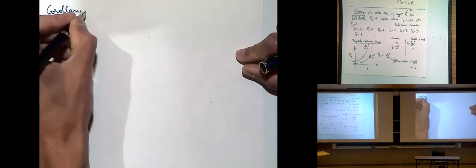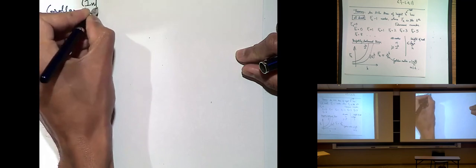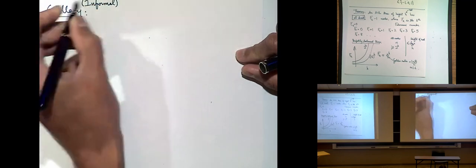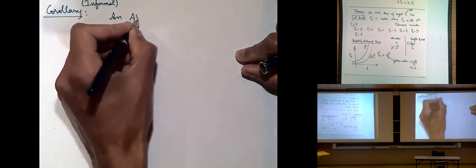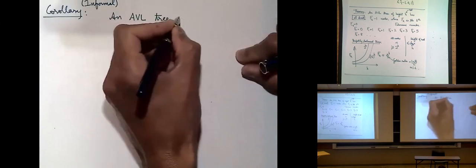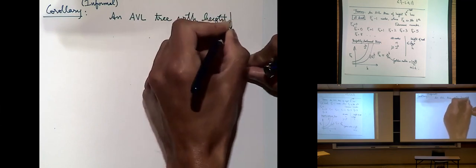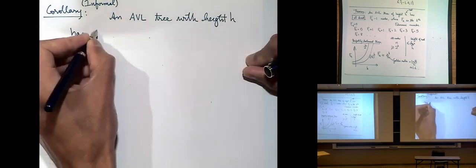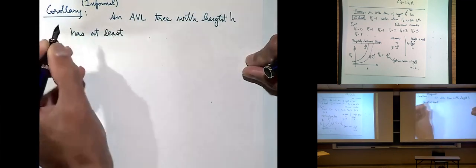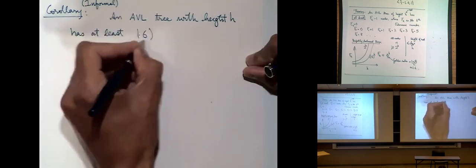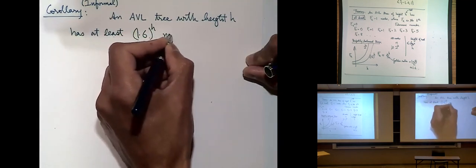Okay, so I'll just say this as a corollary, somewhat informal. An AVL tree with height h has at least 1.6 to the power h nodes.